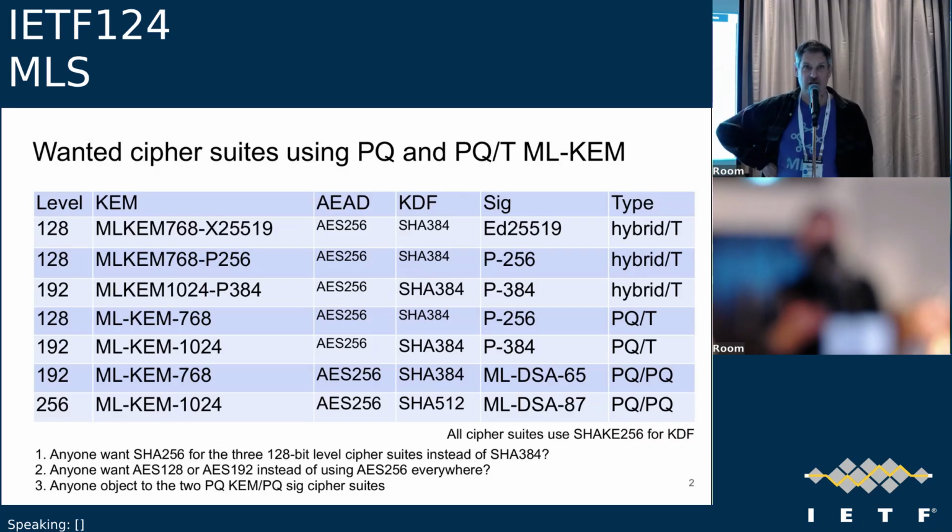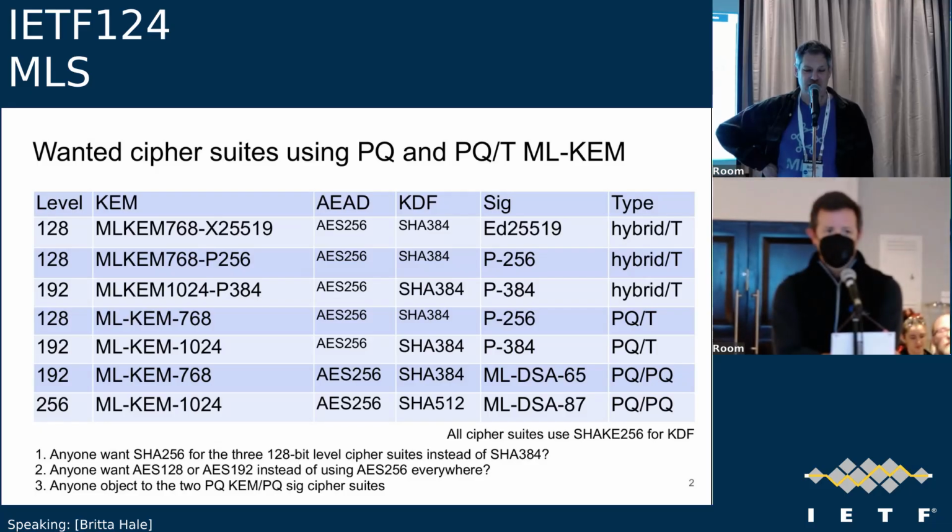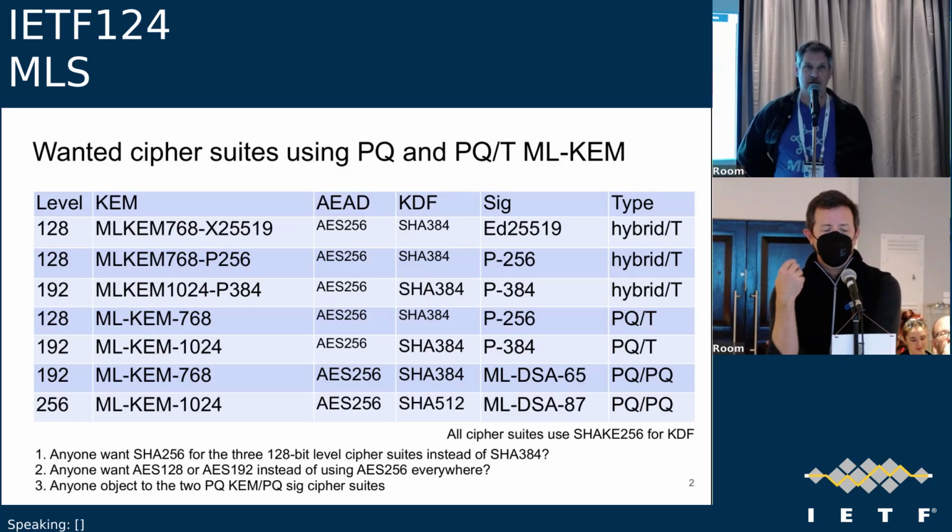Because as far as I'm concerned, Britta is basically the customer for these pure PQ ones. I'd like to have them both as options. I definitely do want the 1024 bit as you currently have it, but I would like to have the 384 if possible as an option. So you're saying ML-KEM 1024 with SHA-512 and ML-KEM 1024 with SHA-384. Correct. Let the combinatorics explode.